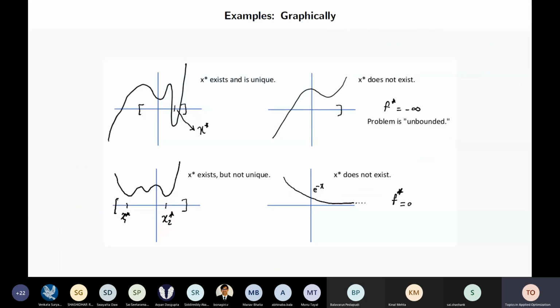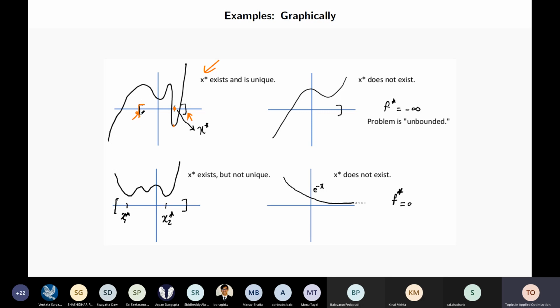Now to recap graphically, various scenarios may happen. Let us say that this is the constraint we have for our variable, so it should lie in this constraint. If the function graph is like this, does the optimal value, the optimal point, exist in this case graphically? Yes, the optimal point exists, which is here, and this is where the function is taking the minimum value.